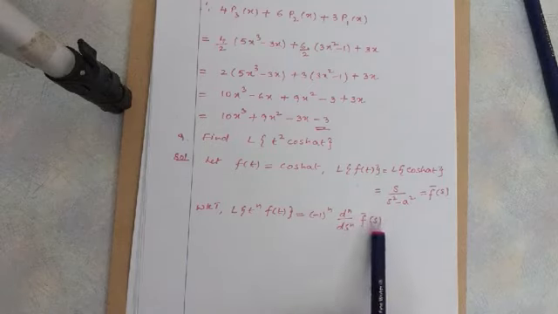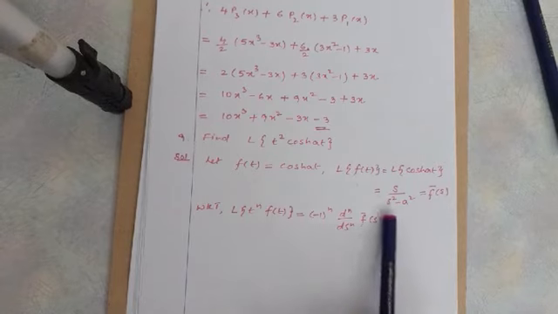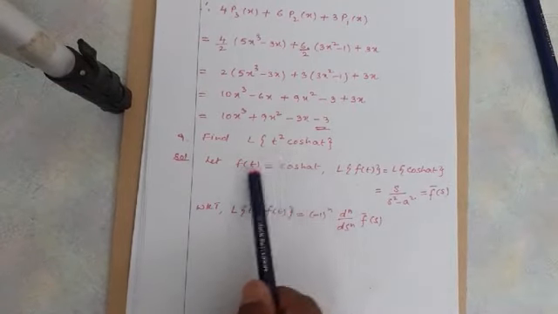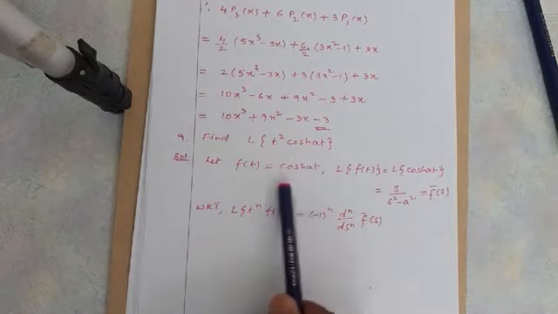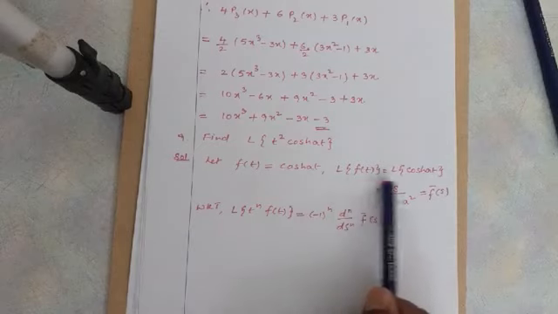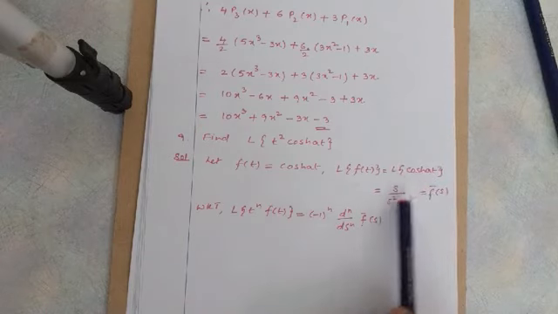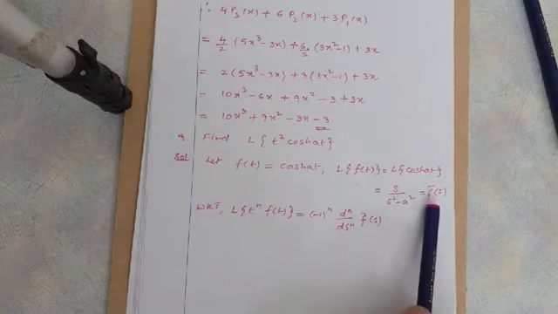In order to find f bar(s), first we take the f(t) which is given in the problem and find the Laplace of f(t). Laplace of f(t) is nothing but Laplace of cosh(at). This is the basic formula. Laplace of cosh(at) is nothing but s/(s^2 - a^2). That we have to take as f bar(s).